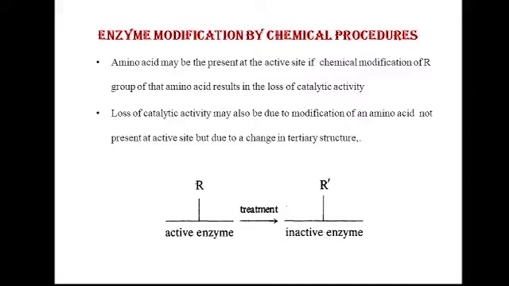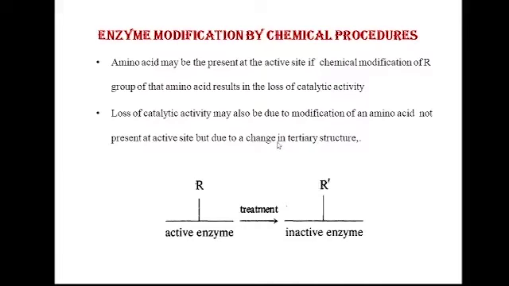And so the loss in catalytic activity of the enzyme due to treatment with a particular chemical which inactivates the enzyme suggests that this particular amino acid, whose R group is modified, may be present at the active site of the enzyme.